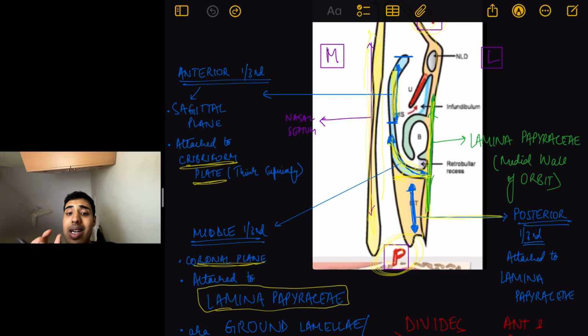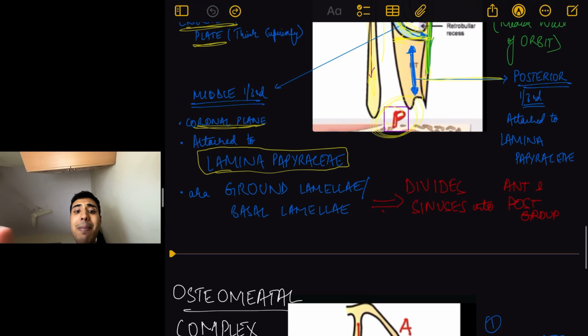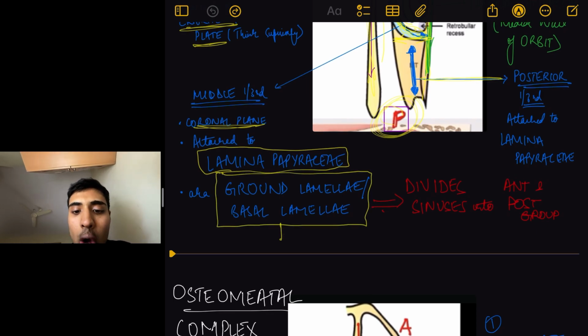Now, the middle 1/3 of this middle turbinate is in the coronal plane because it goes to the side and it attaches to the lamina papyracea. This middle 1/3, very, very important, is also known as ground lamellae or basal lamellae. Why is that? Because it divides the sinuses into anterior draining sinuses and posterior group of sinuses.